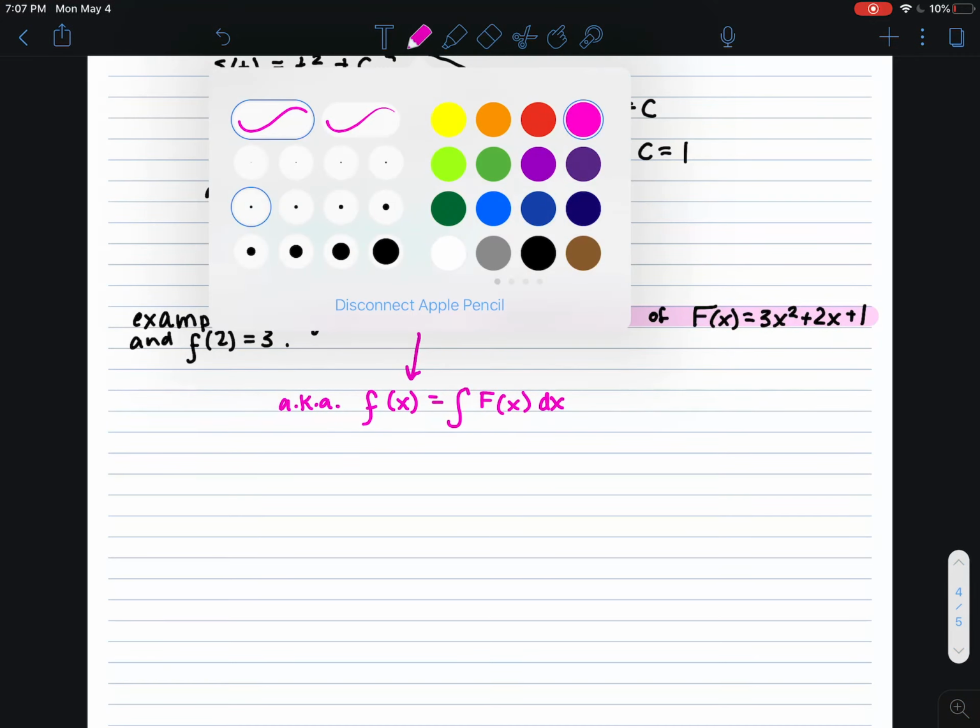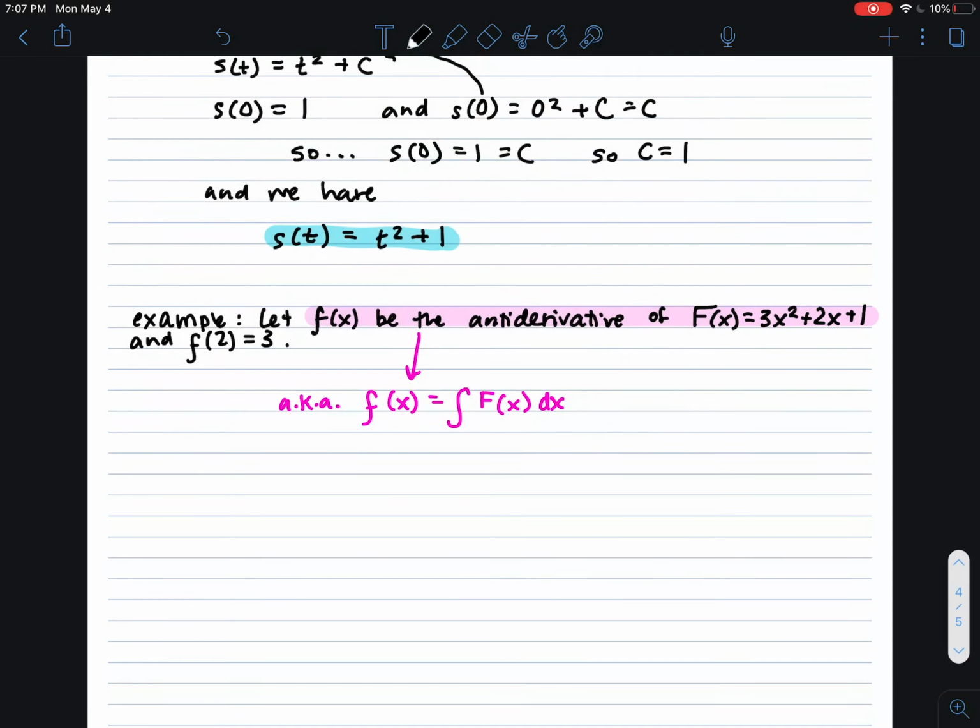Okay? So first we're going to take that integral. Oh, sorry, I needed to actually write a question. Our goal is to find little f of x.